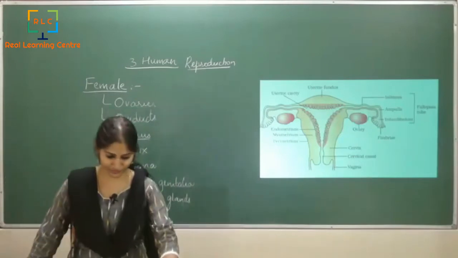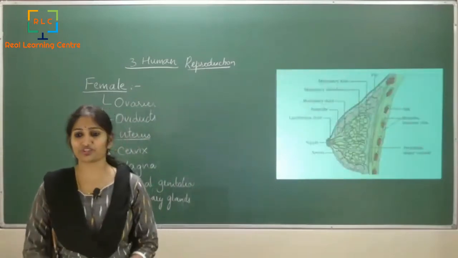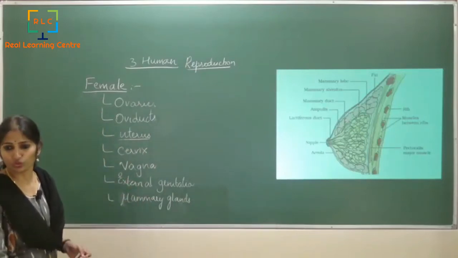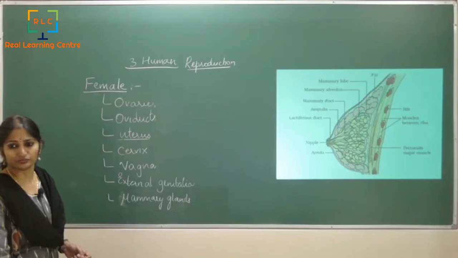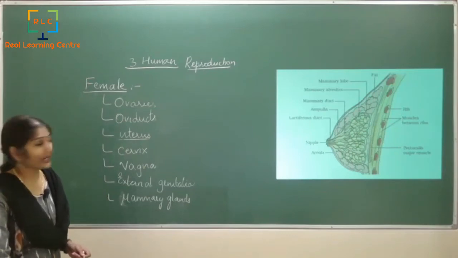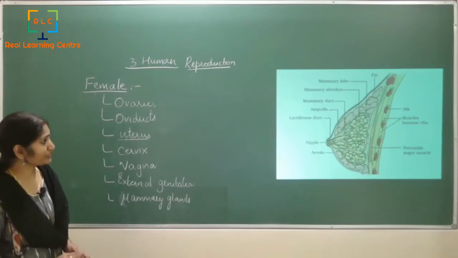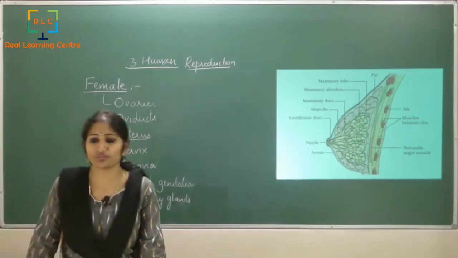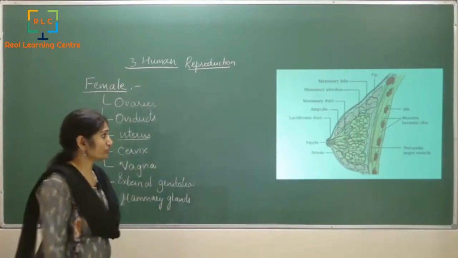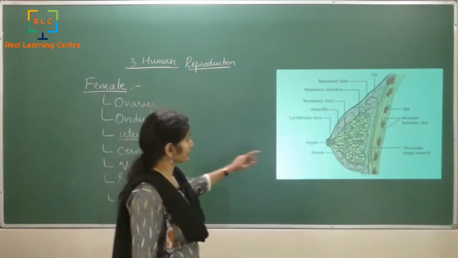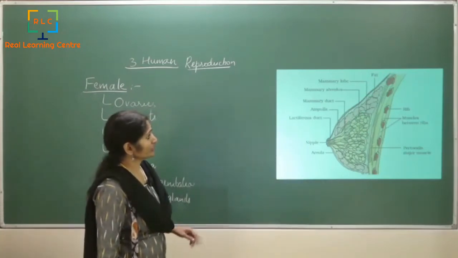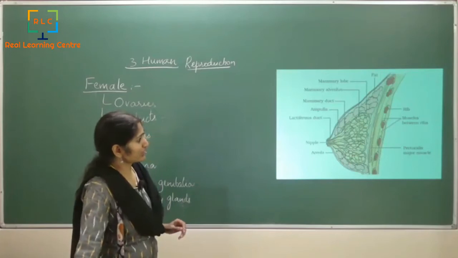of the function. Now mammary glands basically have a different type of role. These are a paired structure in the case of humans, and what is very important is the presence of glandular tissue. There are so many glands which are called the lactiferous glands.